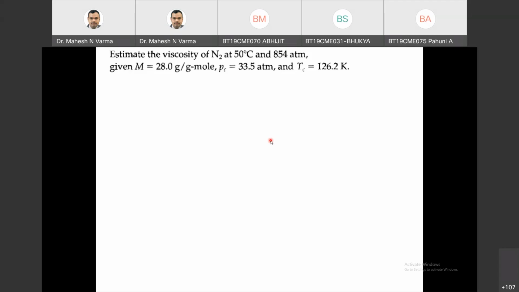Reduced temperature... 2.56. How did you get this 2.56? From the TR. How did you get this TR?